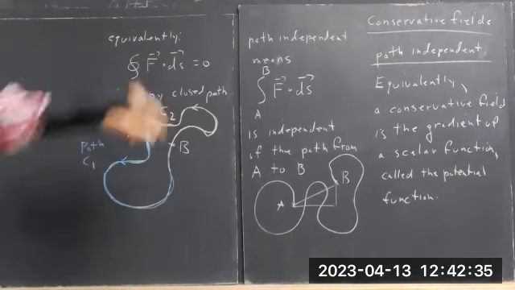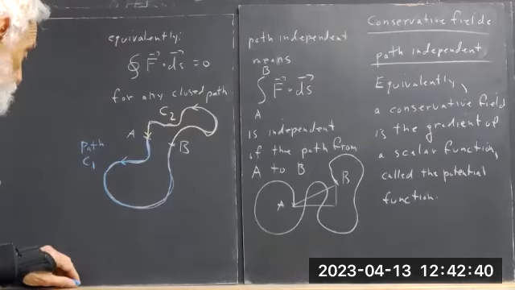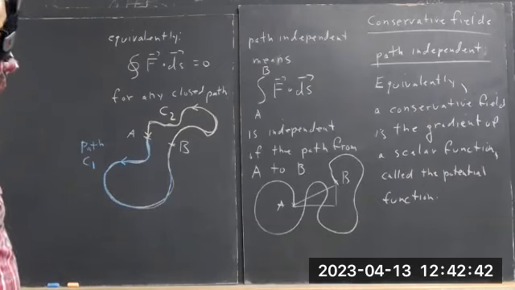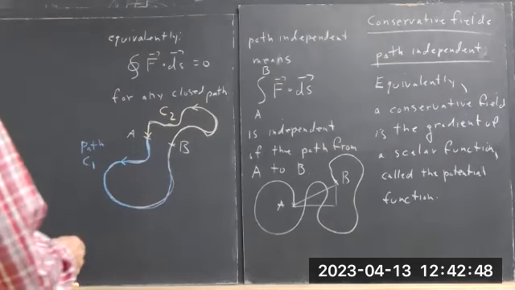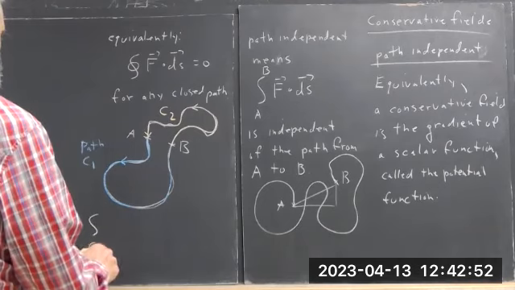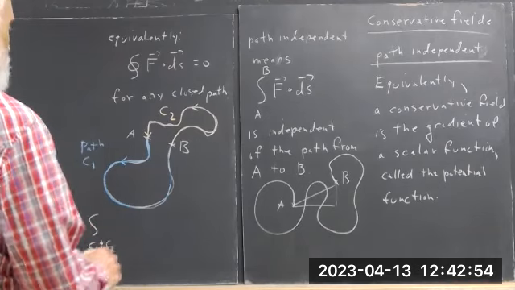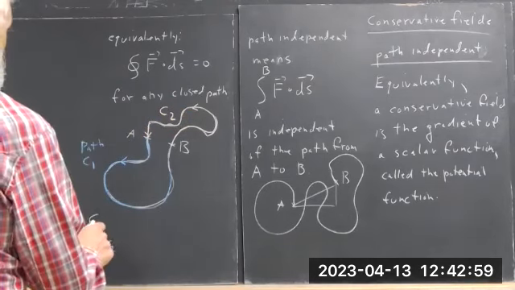We've got these two paths. And I'm claiming C1 plus C2 makes a closed path, right? So that's closed.